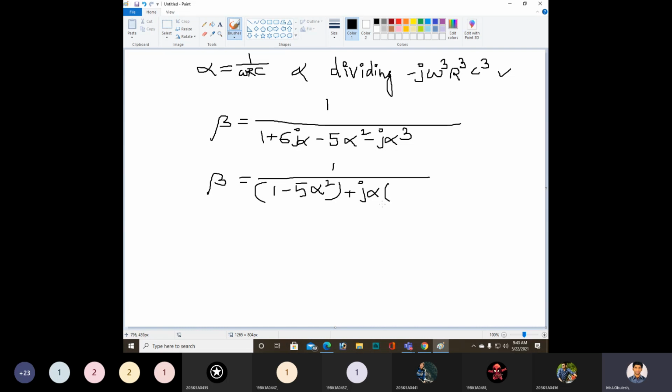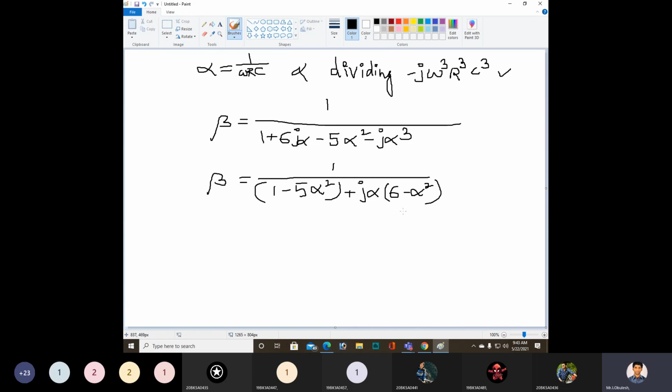If you take j alpha common, we will get 6 minus alpha square.